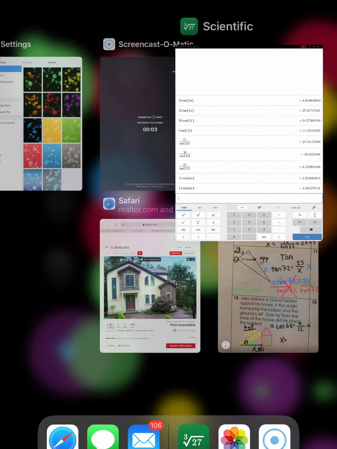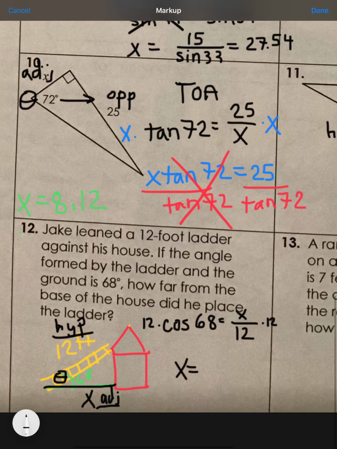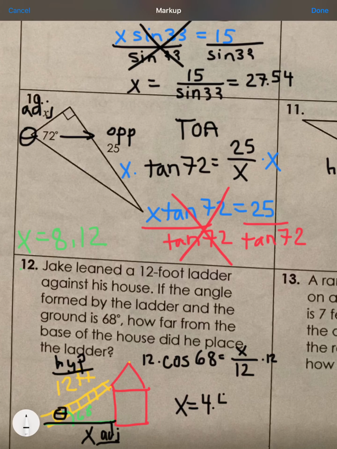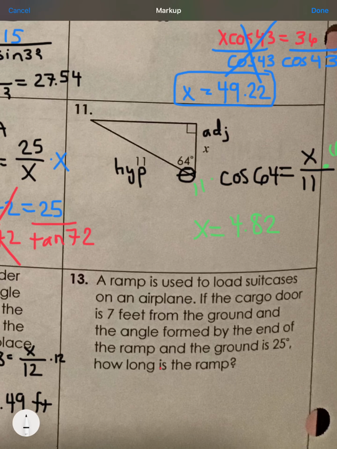You would multiply by 12 on both sides. And you get 4.49 feet. It's about 4.5 feet from the base of the house.